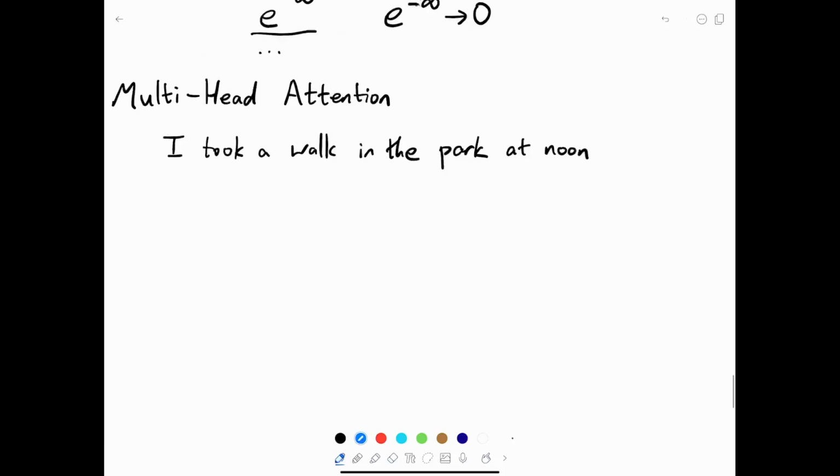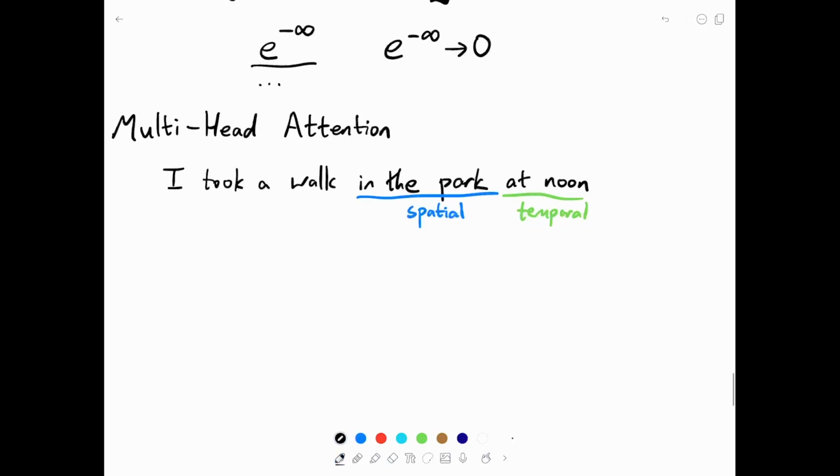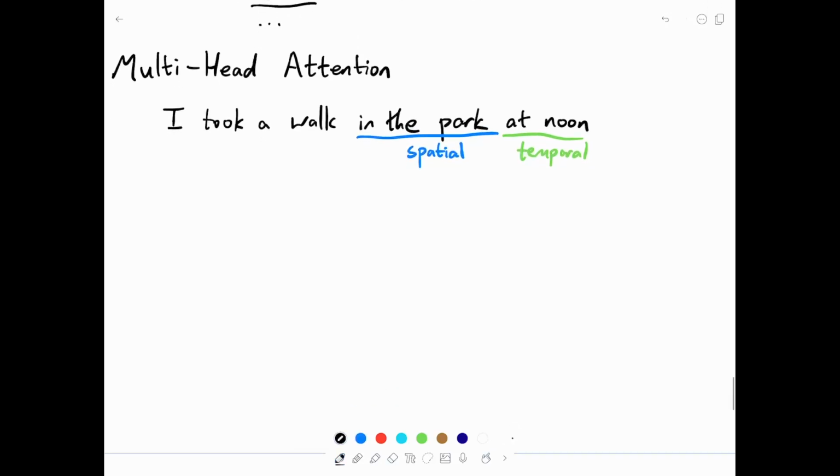There's actually a couple of aspects of this sentence. One is spatial. Where did I take the walk? It's at the park. Right, spatial. And another is temporal. When did I take the walk? It's at noon.